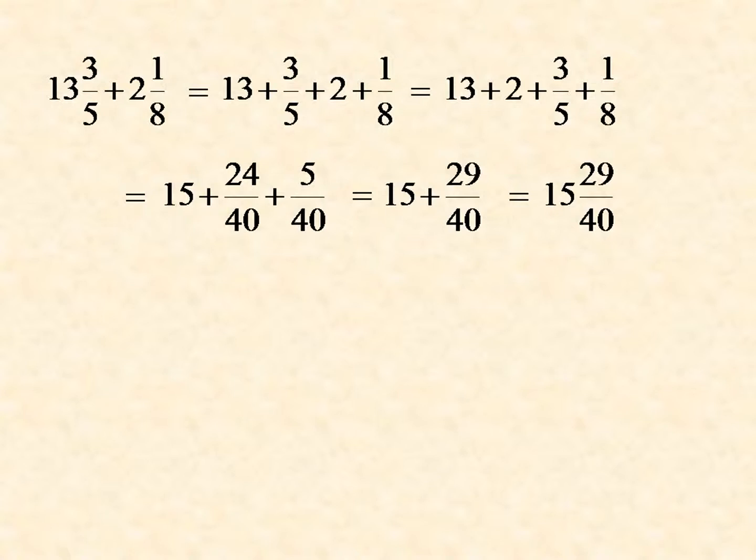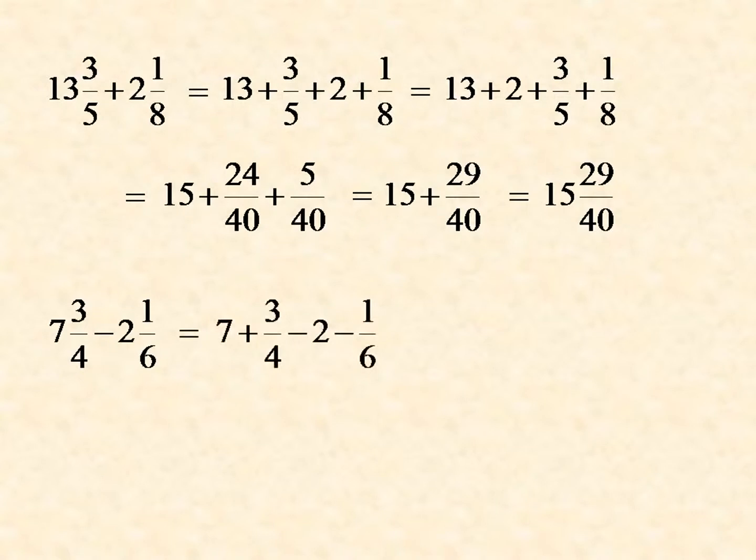As a second example, consider 7 3/4 minus 2 1/6. The 7 3/4 is 7 plus 3/4. Since we're subtracting 2 1/6, we have to write minus 2 minus 1/6. So we have 7 plus 3/4 minus 2 minus 1/6.